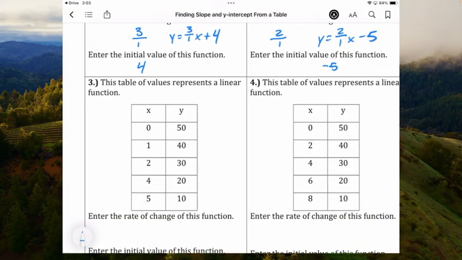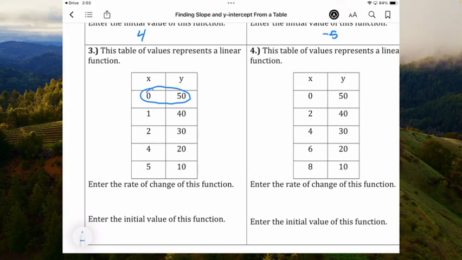Continuing, we see that our initial value, or y-intercept, is 50. And the rate of change, I'll choose 0, 50, and 4, 20 for this one.